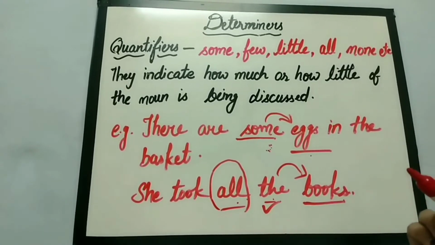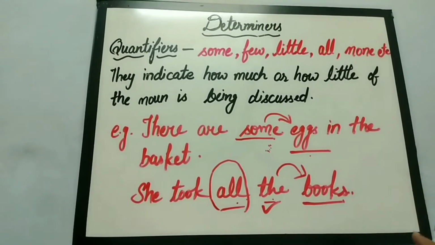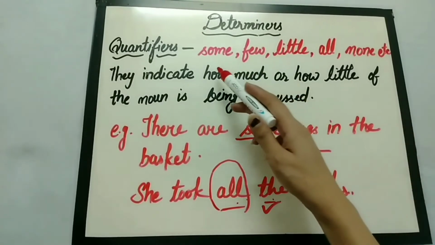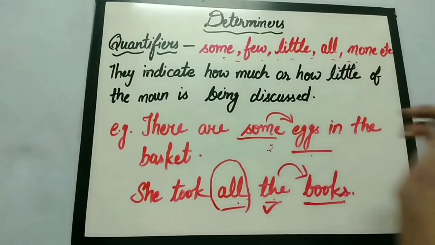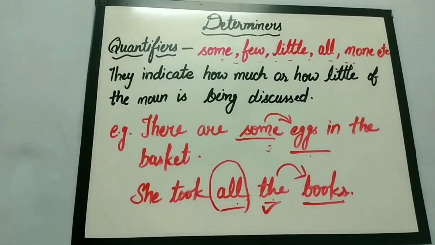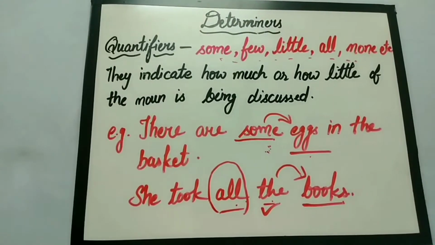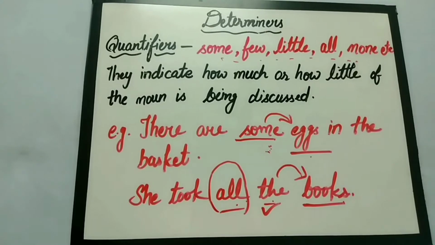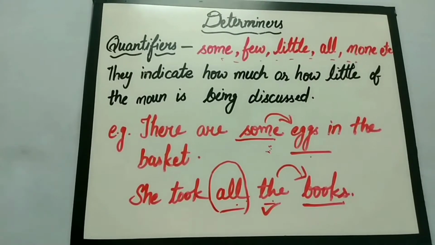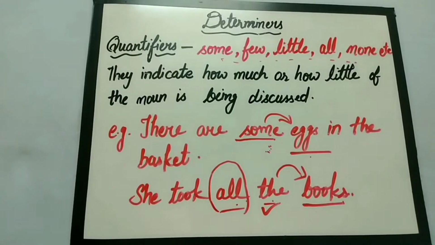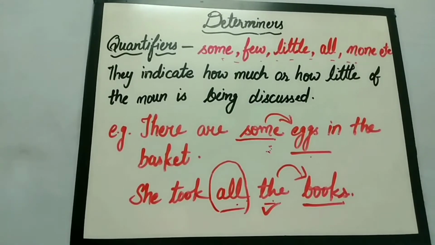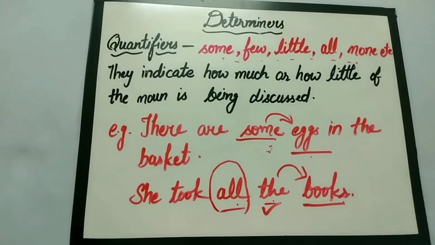So let's move further. Now we are going to read in detail about all these quantifiers one by one. But before that, I want to tell you that quantifiers are used with countable or uncountable nouns. Uncountable nouns are the nouns which cannot be counted, and countable nouns can be counted.